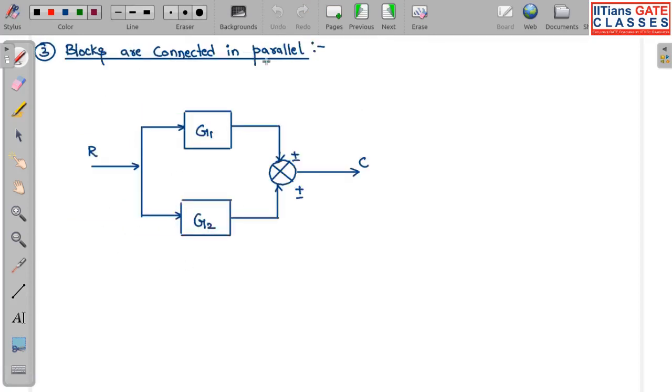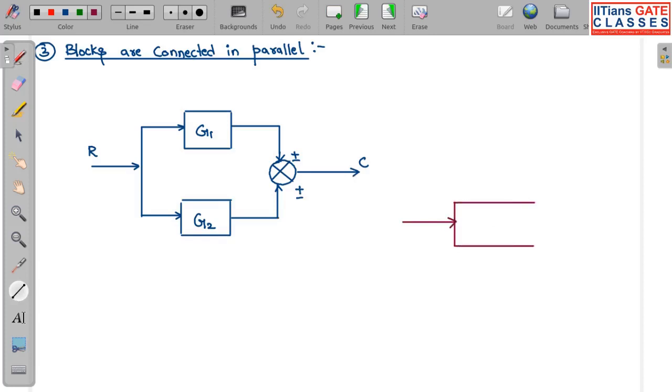Now when blocks are connected in parallel, at that time you simply need to add. Okay, simply the blocks get added. So you can see over here it is plus minus, here also it is plus minus. So what I can do is simply replace this by a single block.